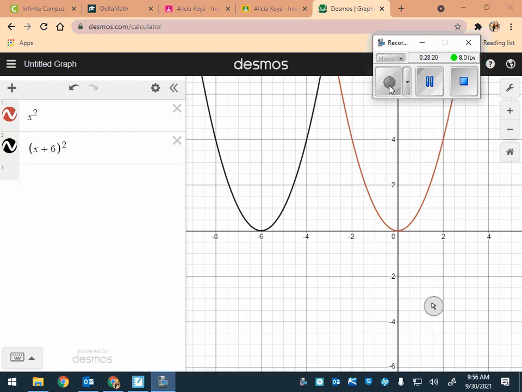When you're moving left or right, if it's x plus h squared, it's moving to the left. If it's x minus h squared, you're moving to the right. Left or right changes your x values. It's opposite of what you see.